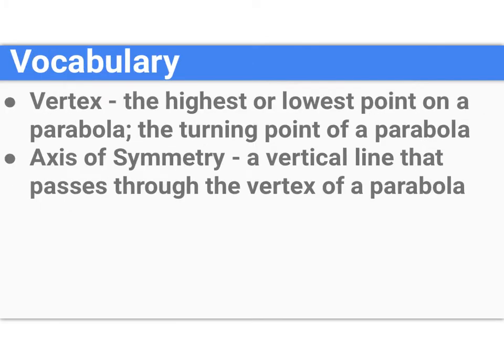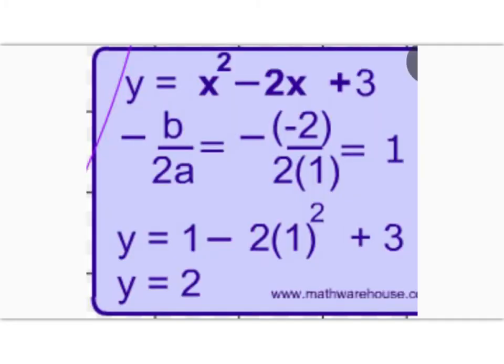Here's our objective. The vocabulary we've already seen from the other day. So this formula is used to find the vertex. When we're dealing with a quadratic equation or function, we're given ax squared plus bx plus c. And a here in this particular equation happens to be 1.